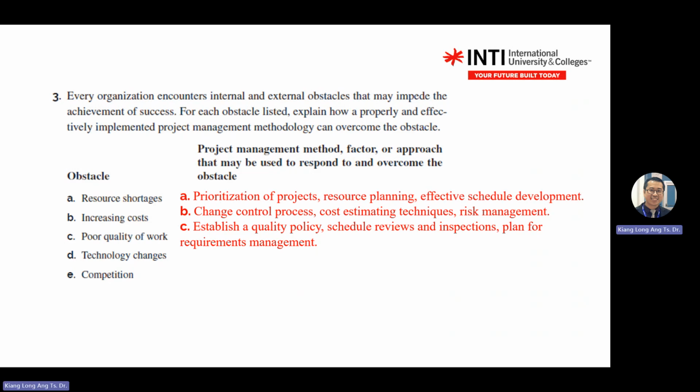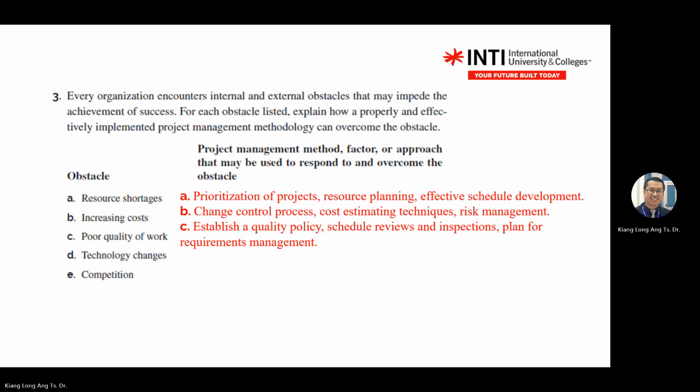Or in general, this one is under control. Under the keyword for that, you elaborate based on control. So poor quality of work, you need to control it. Because this chapter is on the methodology, project management methodology, you need to explain more about tools, what tools you use, what process you use, what model you use.